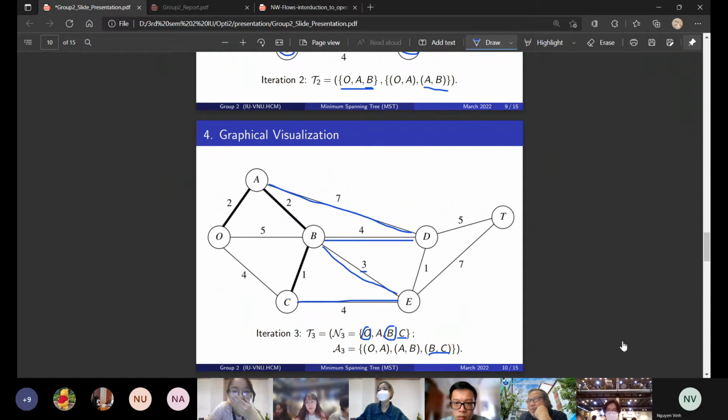Other members of the group can answer the question. Can I answer it? Yes. So I think I can speak it without sharing. If we want to check which node is connected directly to A, for example, then we can consider the initial graph.